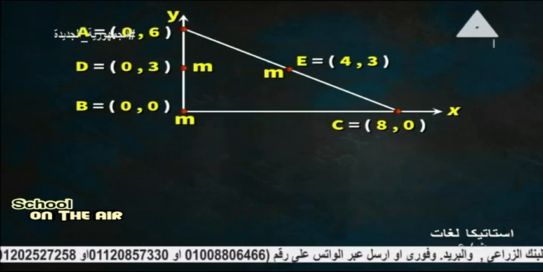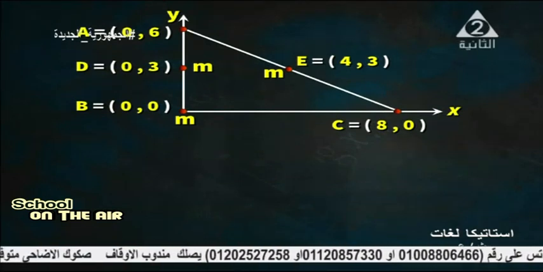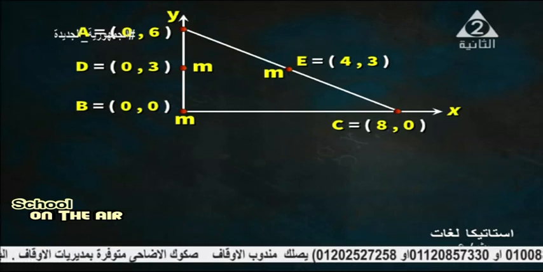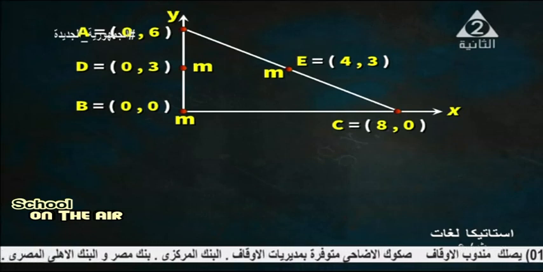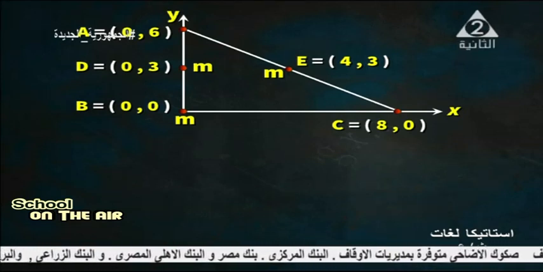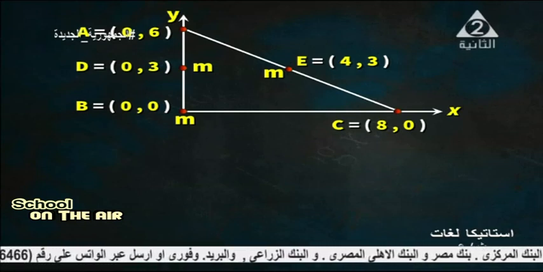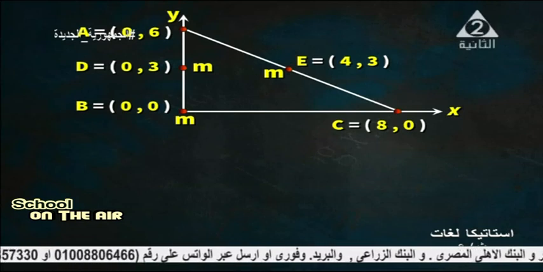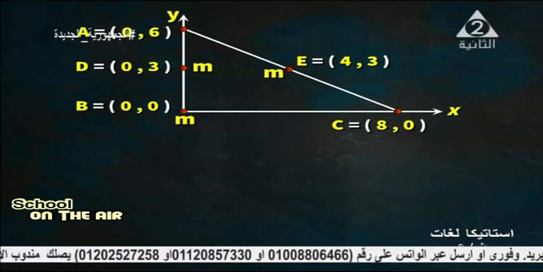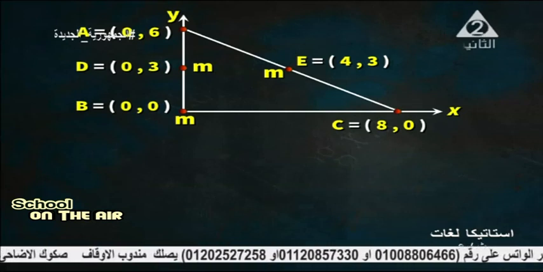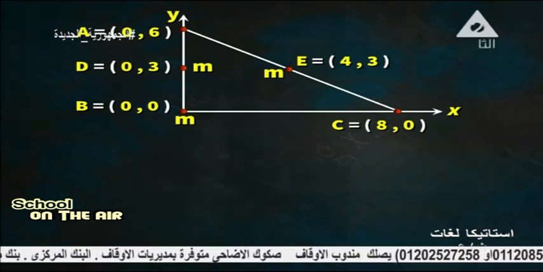We have, my dear student, 3 equal masses, each one is M, at point B, at point D, and at point E. D is the midpoint of AB and E is the midpoint of AC.